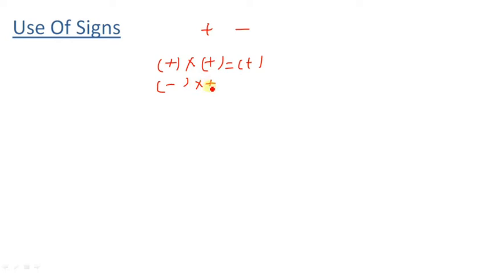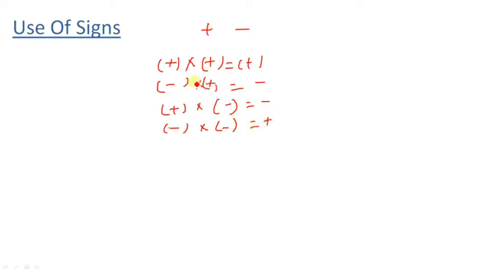If a negative integer is multiplied with a positive integer, then the result will be negative. If a positive integer is multiplied with a negative integer, the result will be negative. And if a negative integer is multiplied with a negative integer, the result will be positive.